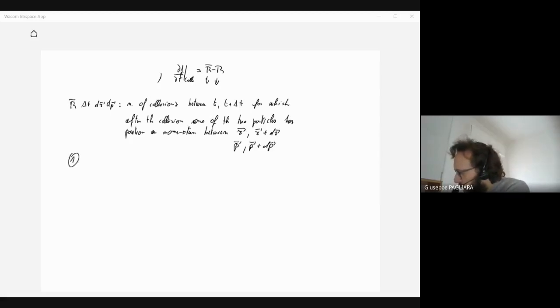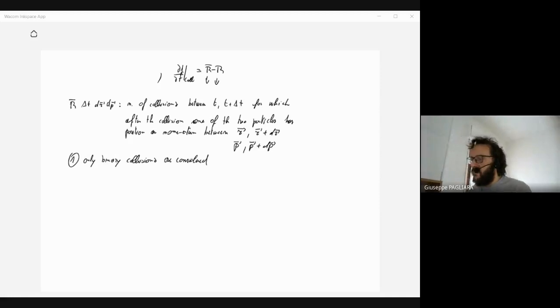First of all, only binary collisions are considered, at least in the Boltzmann equation. Then there are generalizations in which one can have also three-body collisions and many-body collisions. And basically, what this term R bar delta t dr dp does is count the number of collisions that add particles in the volume dr dp centered around r and p due to the collisions.